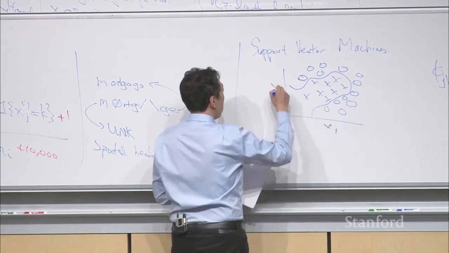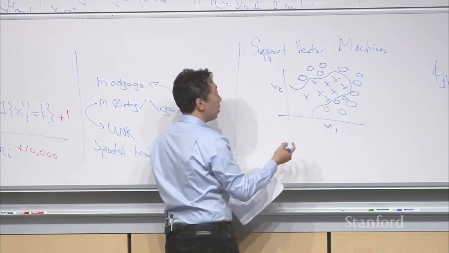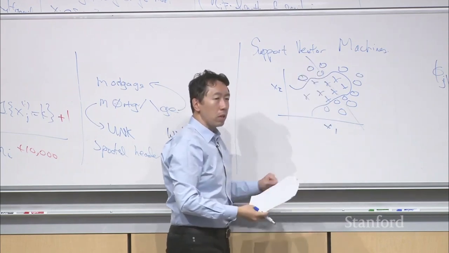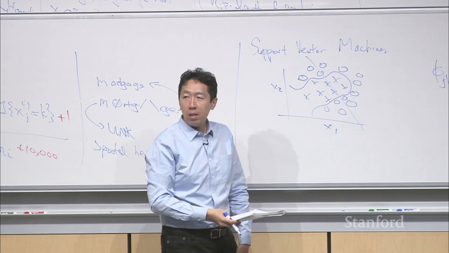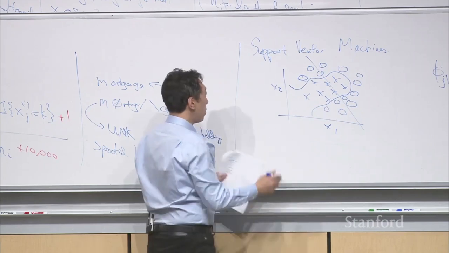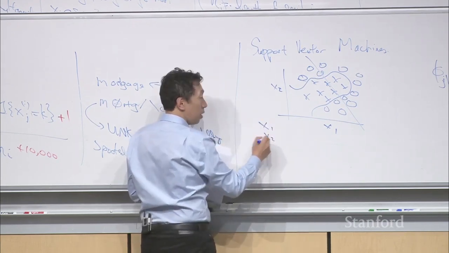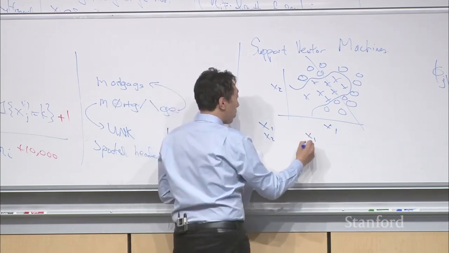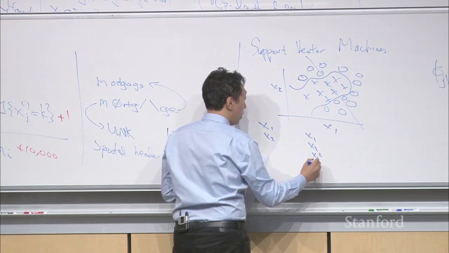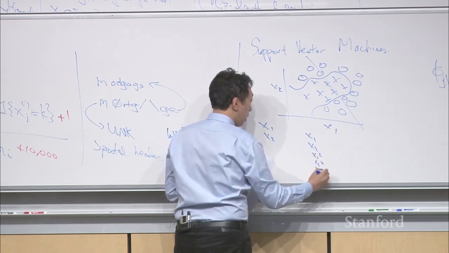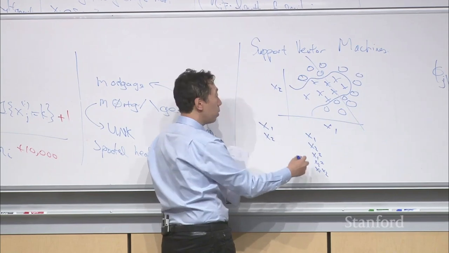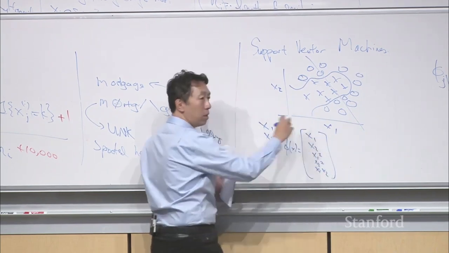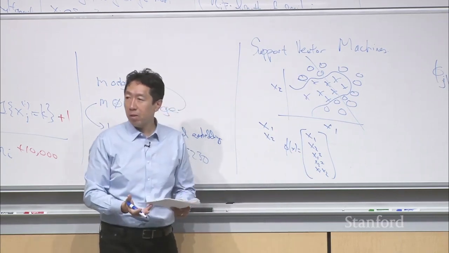But if this is x1, this is x2, right? So logistic regression will fit a straight line to data. A Gaussian discriminant analysis will end up with a straight line decision boundary. So one way to apply logistic regression like this would be to take your feature vector x1, x2, and map it to a high dimensional feature vector with x1, x2, x1 squared, x2 squared, x1 x2, maybe x1 cubed, x2 cubed, and so on, and have a new feature vector, which we will call phi of x, that has these higher dimensional features.